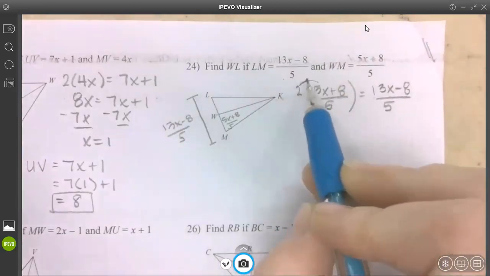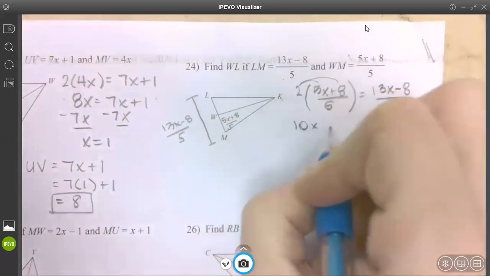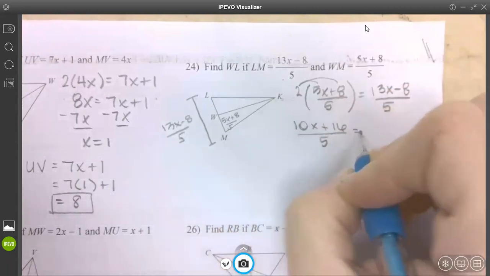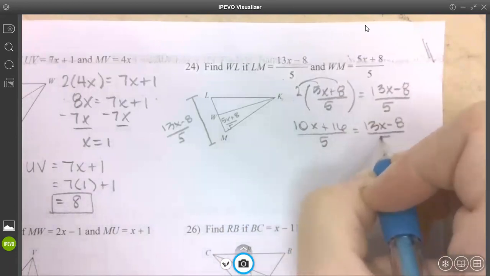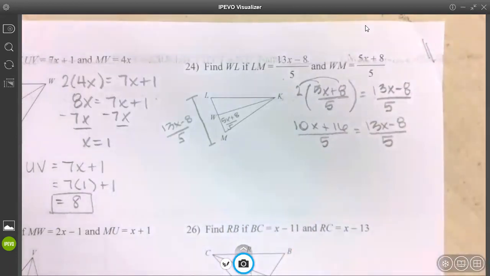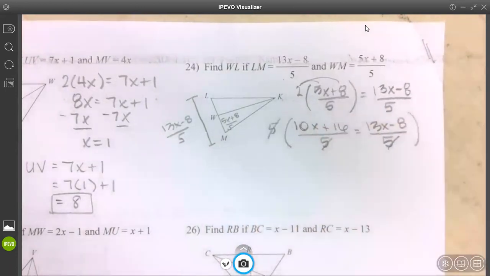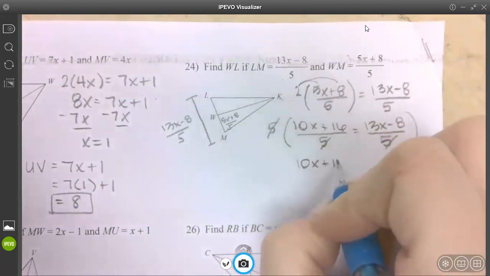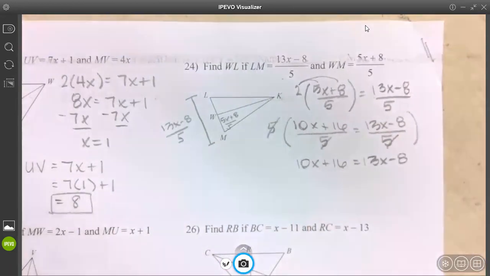Just like the last one, we're going to distribute this 2. It only goes in the top. We get 10x plus 16 over 5 equals 13x minus 8 over 5. Again, the good thing is we have the same denominator, so we're going to multiply by 5. And all of those will cancel out. So the equation that you're trying to solve is 10x plus 16 equals 13x minus 8.